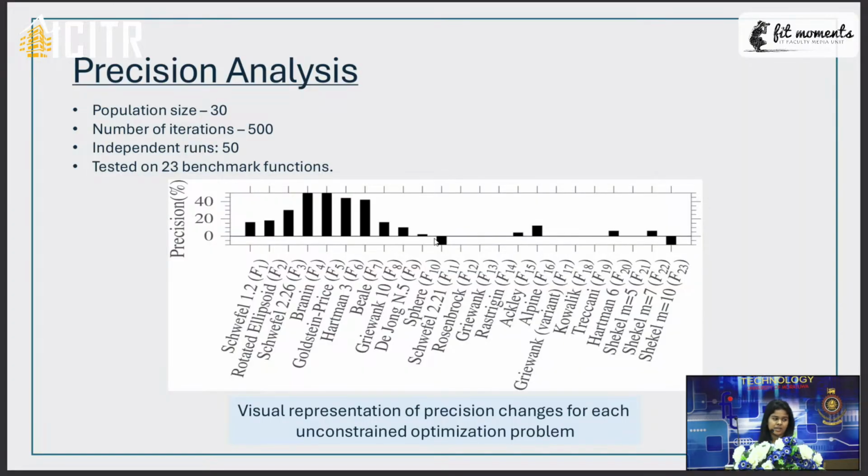In the precision analysis, we tested this algorithm on 23 benchmark functions, and as you can see in this bar chart, for most of the benchmark functions, our modified algorithm succeeded in increasing the precision or preserving the precision it had before. But for two of the functions, there are minor drawbacks.